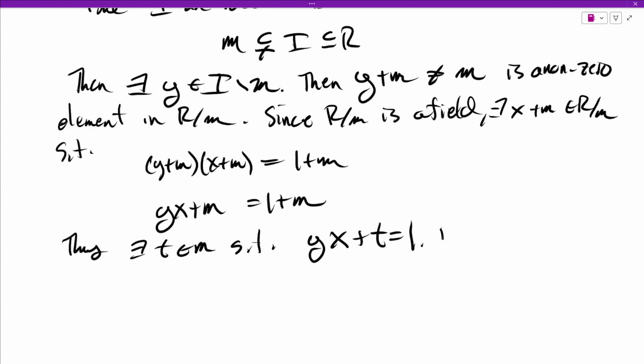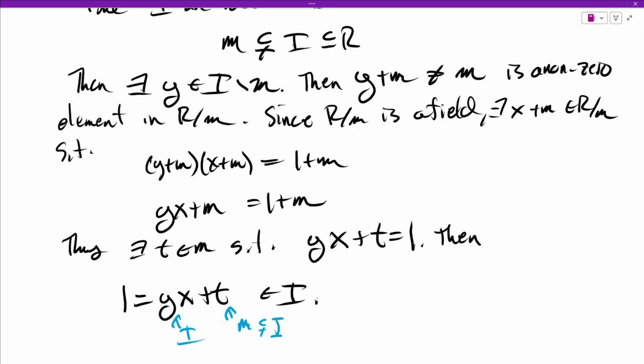Okay, so we're almost done. Then yx plus t, on the one hand, is 1. On the other hand, t is in M, which is in I, and y is in I, so yx is also in I. So we have a sum of elements in I, so this sum is also in I.